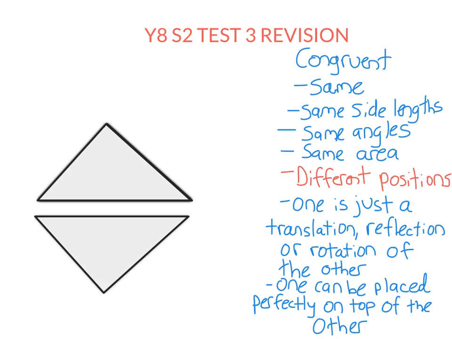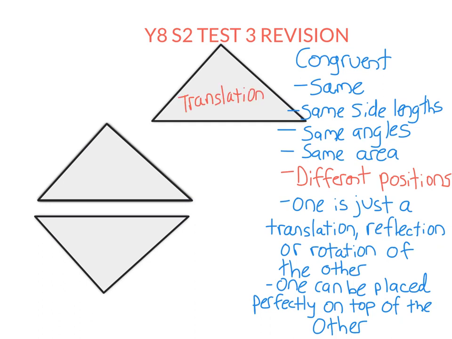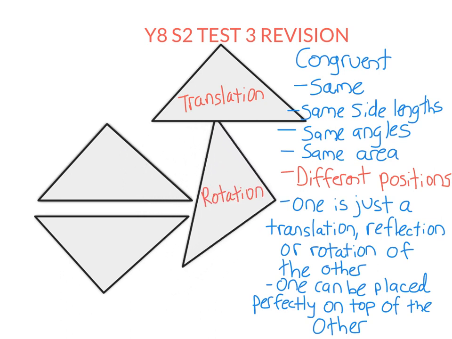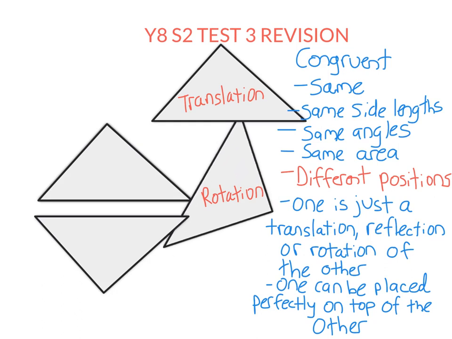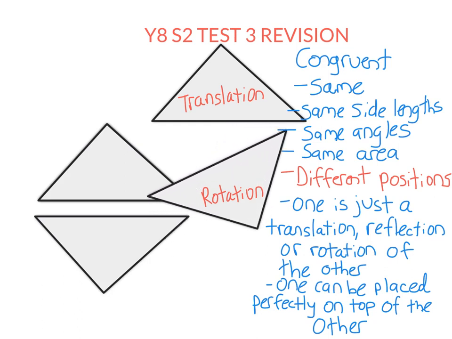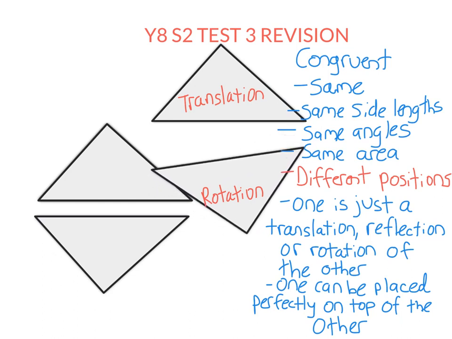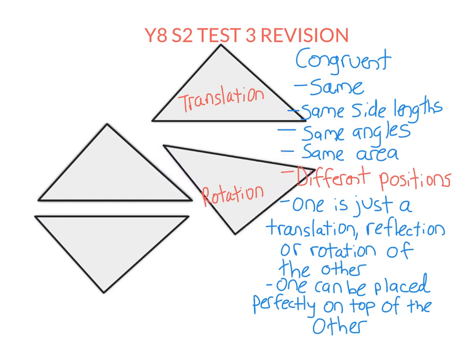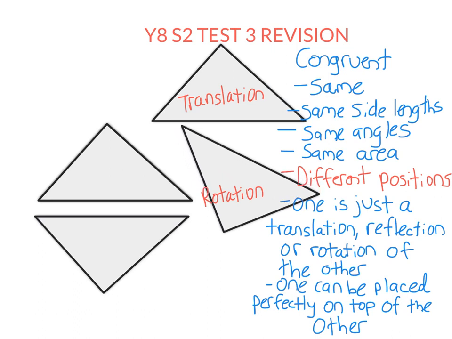I can translate the shape, which means you slide it, move it over. I can also rotate the shape, which means that I turn the shape. So if I translate, reflect, or rotate the shape, the new shape is congruent to the original. They are exactly the same shape.